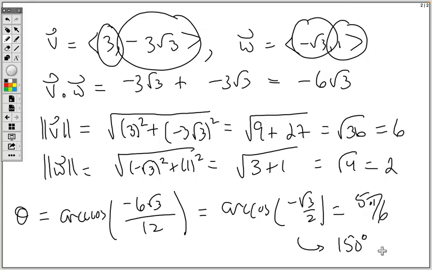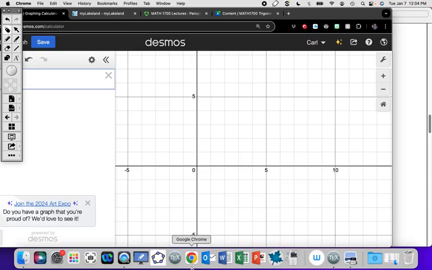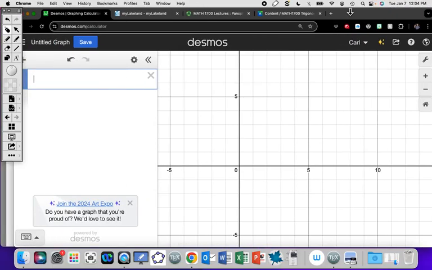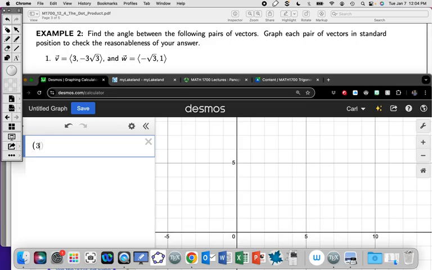So how can we graph these to see how reasonable they are? Remember, if we plot v and w in standard position, then the coordinates of the terminal points match the components. So let's fire up Desmos here and plot the point 3 comma negative 3 square root of 3.